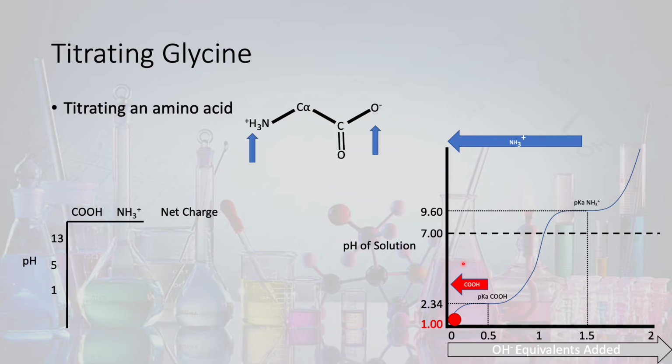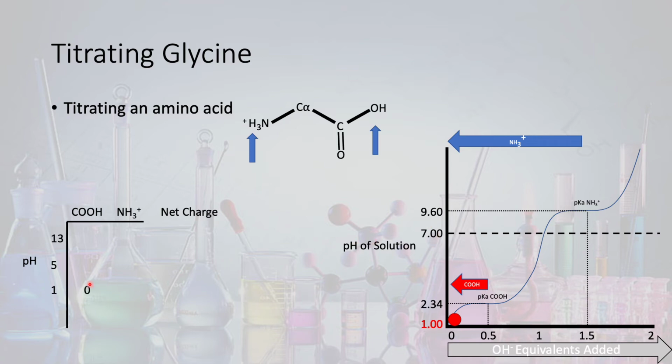So we know, remembering back to our discussion on weak acids, that if you're to the left of the pKa of an acid on a titration curve, that means that functional group is typically fully protonated. So at a pH of 1, both our carboxylic acid and our quaternary amine are protonated.